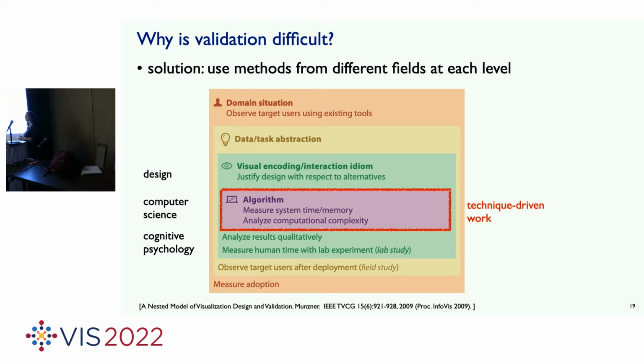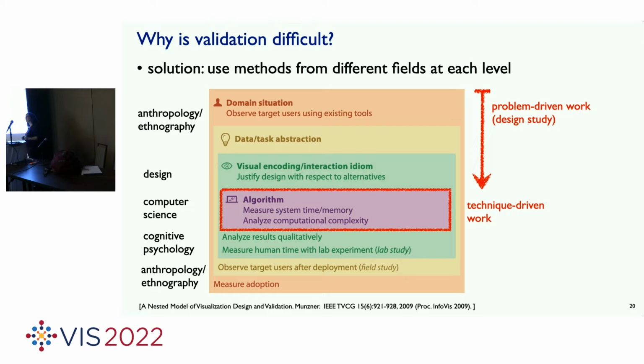Did they get it right or did they get it wrong? So you measure things like human time and errors rather than computational time and memory. Sometimes you might actually say, well, let me just qualitatively analyze the results. Go through an image created by the system and discuss whether or not it's helping people understand that problem that you set up when you were doing your abstractions.